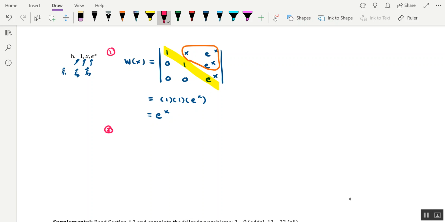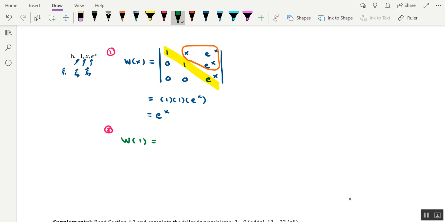Okay, notice that e to the x is not identically equal to 0. So we could base our conclusion on the results of step 1. Or, what you could do to be a little more concrete about this is pick a value of x to plug into e to the x. Use something easy. I think I'll roll with 1 this time.